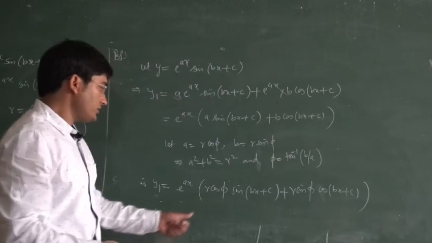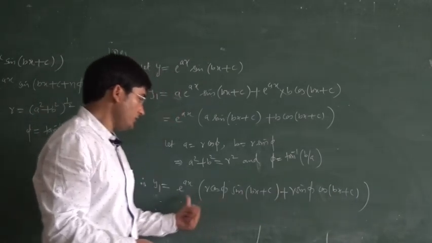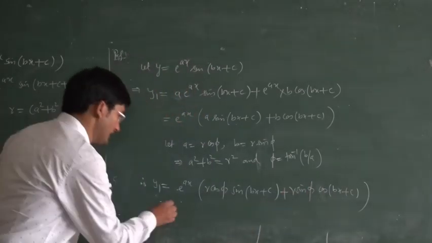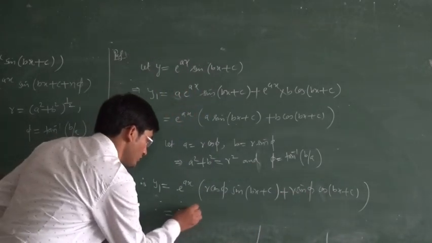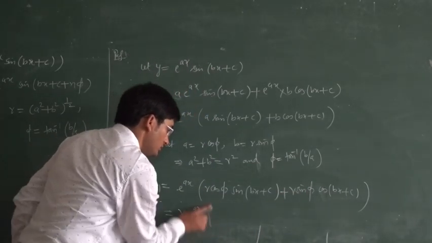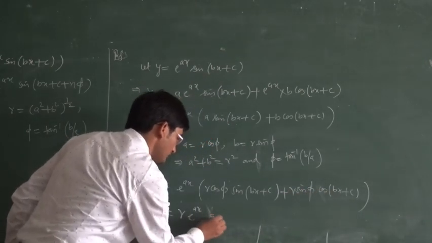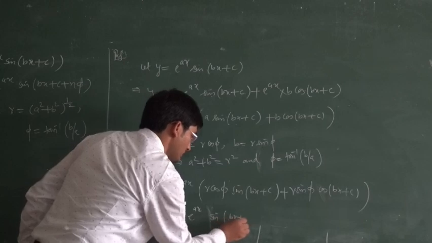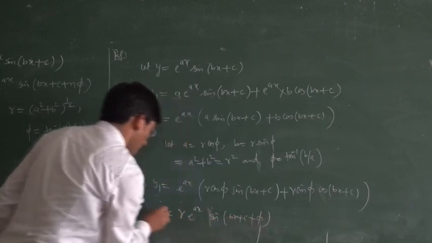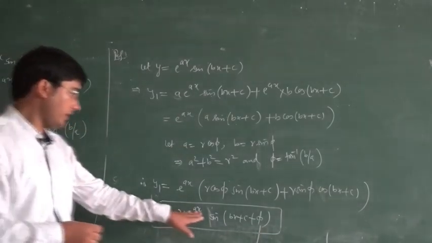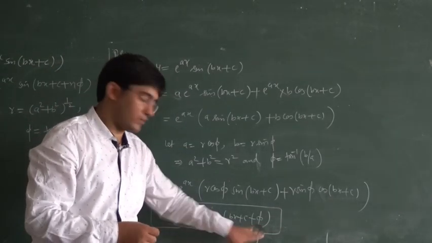Now if you take r common, then this is sin a into cos b plus cos a into sin b, that means sin a plus b. So we have r into e to power ax, sin a into cos b plus cos a into sin b, and we can write this term as sin bx plus c plus phi. So after one time differentiation, we have r into e to power ax into sin bx plus c plus phi.